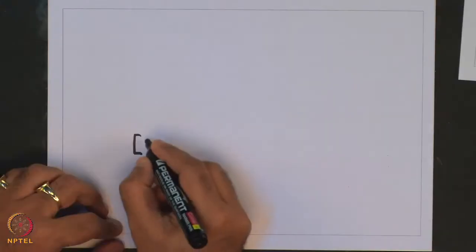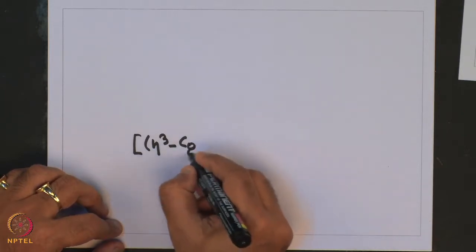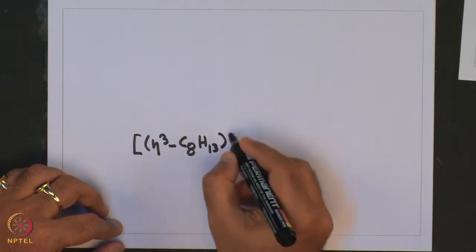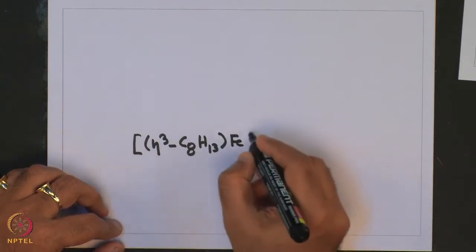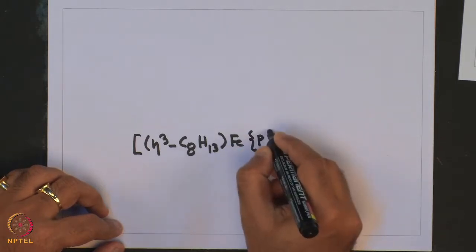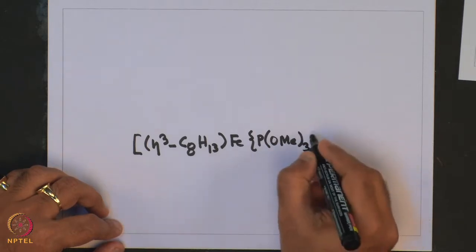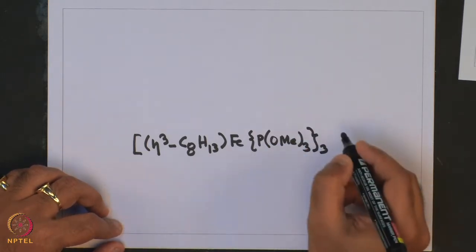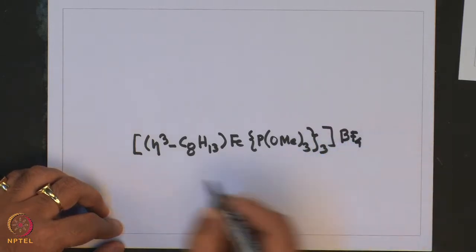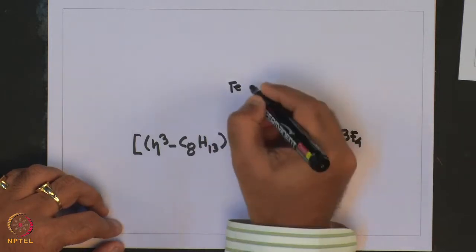For this complex, eta 3 C8H13 Fe P(OMe)3 whole 3 BF4, the structure is given here.